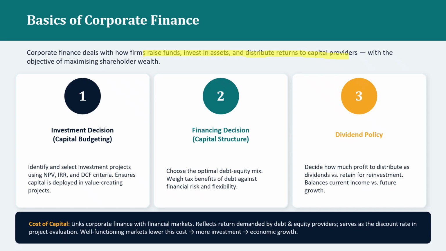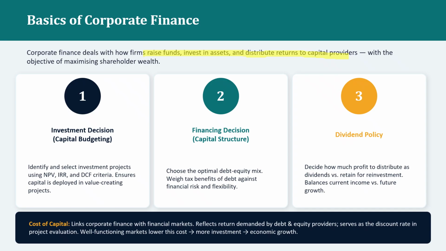This is where the firms decide which project to invest in, that is new factories, new product lines, acquisition, etc. These projects are evaluated using the tools that we have learned, such as NPV, IRR, or discounted cash flow analysis. Only projects that create value, that is, have positive NPV, should be accepted because they increase shareholder wealth.